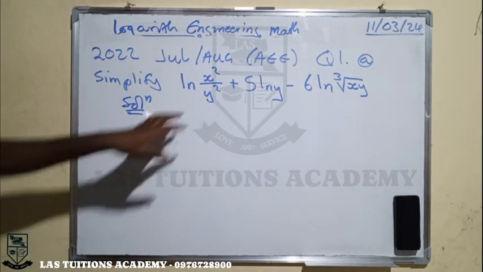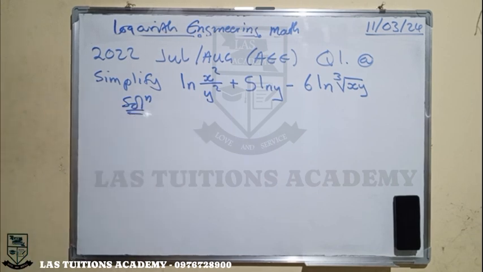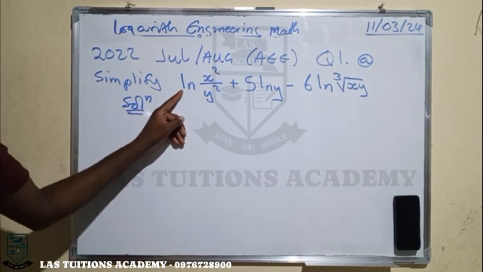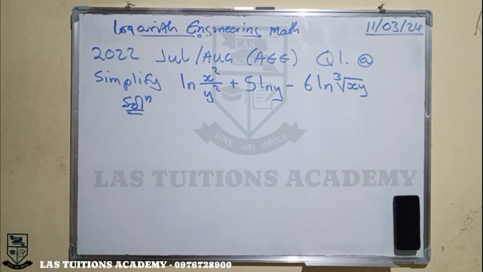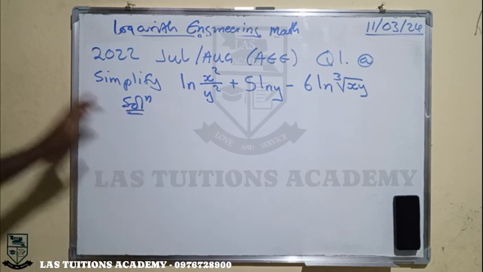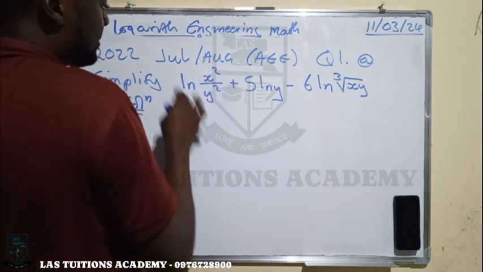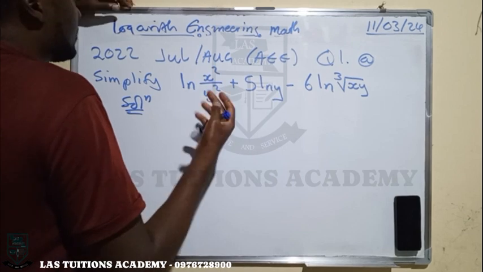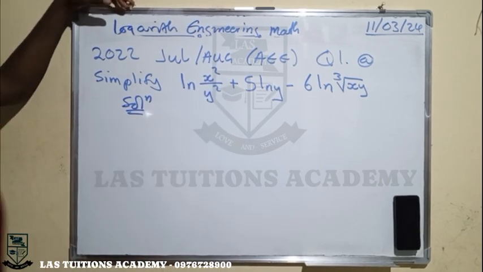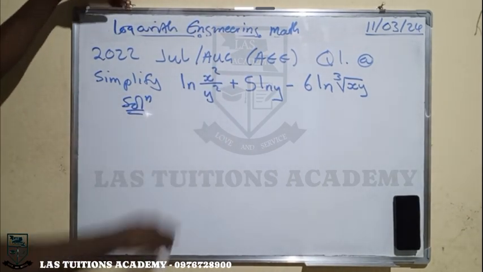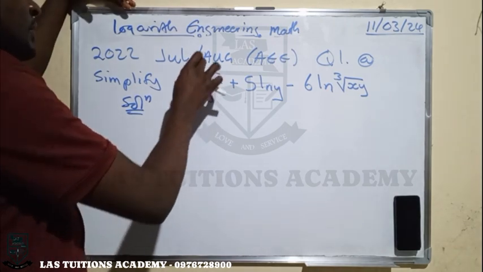Now here we are dividing. You treat the natural log just as you treat the logarithm. It's exactly the same treatment. So here we have natural log of x squared over y squared.